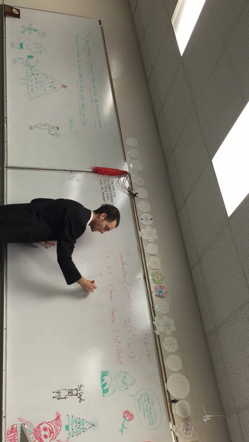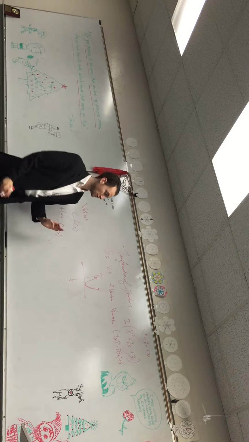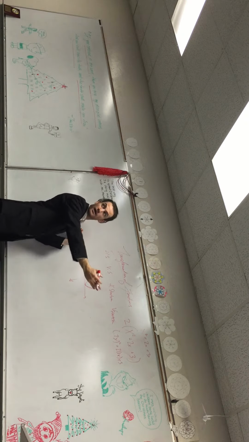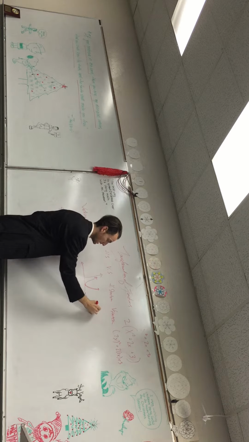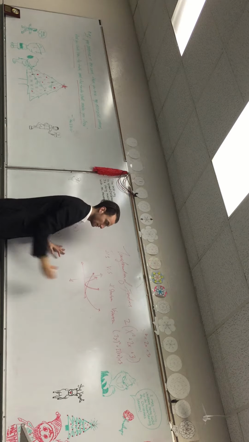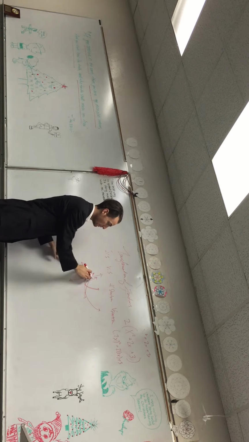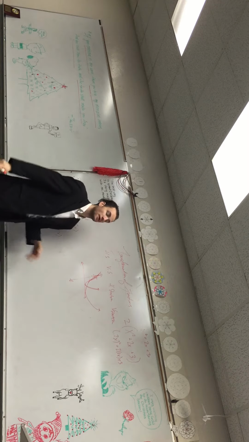If I give you this as my original function, and then I apply a horizontal stretch to it, not only will everything get wider, but also the vertex will shift over. Yes, because everything stretches away from the axis. The only thing that's the same is it's going to cross the axis at the same point.